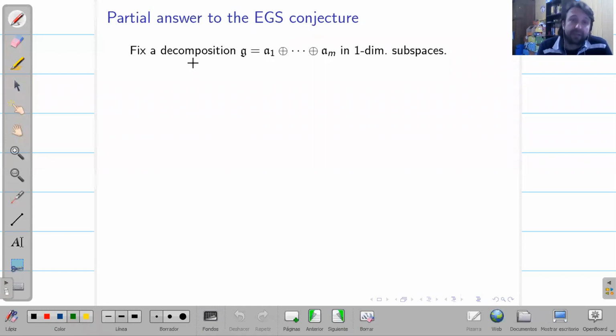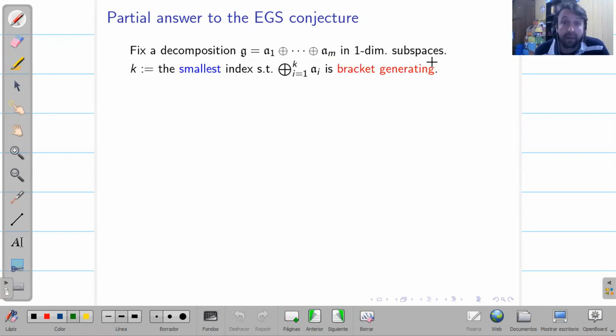Okay, so now remember a few slides ago we fixed a positive definite symmetric map and we picked the decomposition in eigenspaces. Now we fix the decomposition at the beginning, in one-dimensional subspaces. And let me denote by K the smallest index such that the first K here are bracket generating.